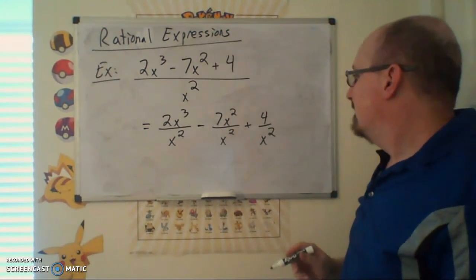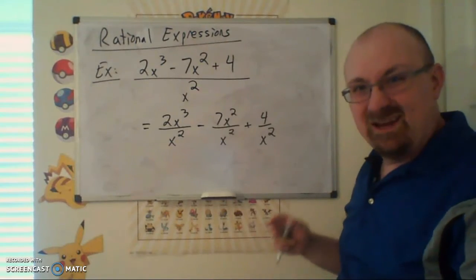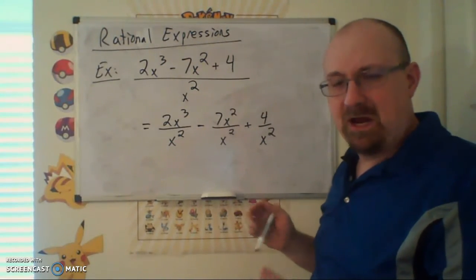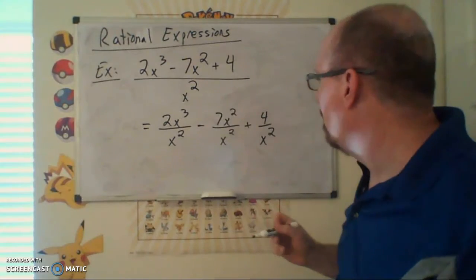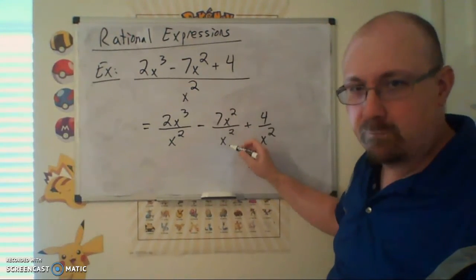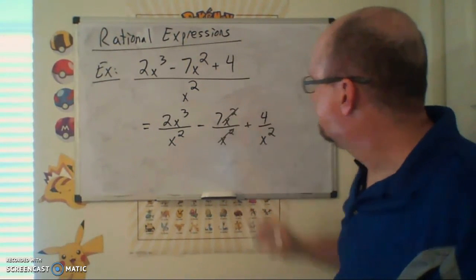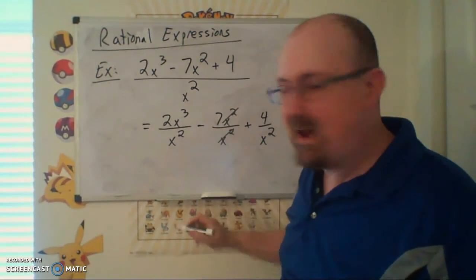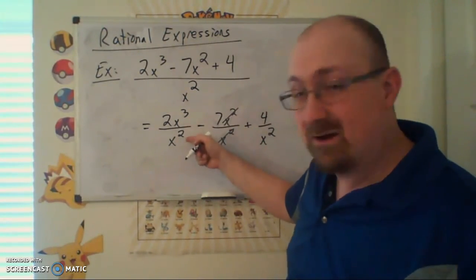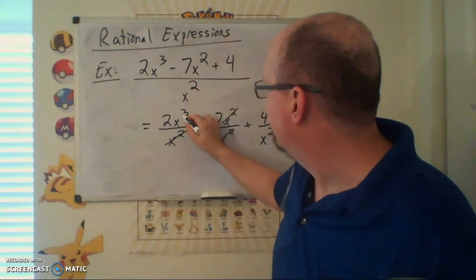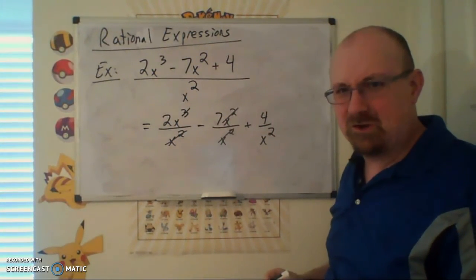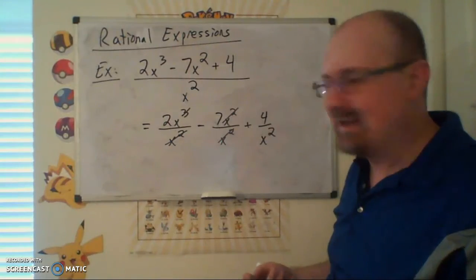All right. Now, at this point, we can cancel stuff away using our properties of exponents or whatever sort of algebraic chicanery you might want to try to pull here. So we've got an x squared over an x squared. They vanish in a puff of logic. 2x cubed divided by x squared. We've got 3 x's up here, 2 down below. We'll be left with 1 up top. What I have just done is not standard notation, but I think you get the idea.